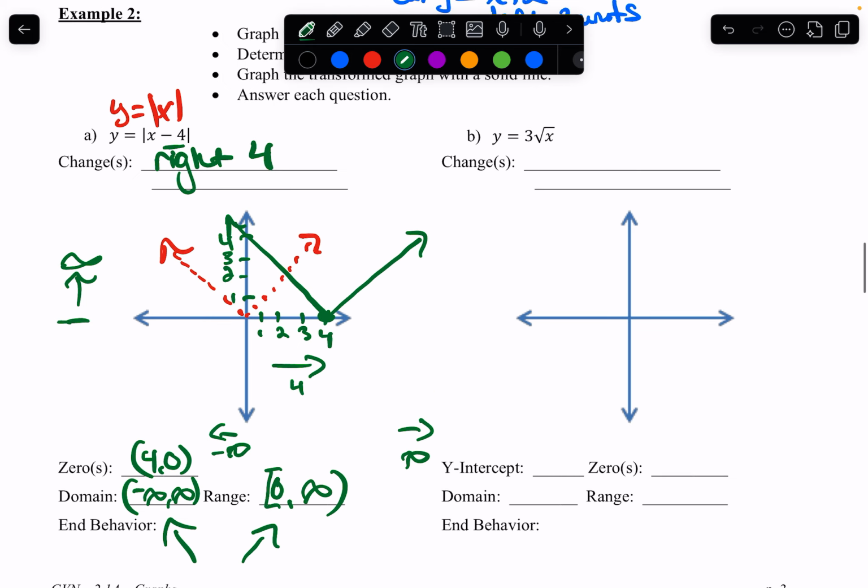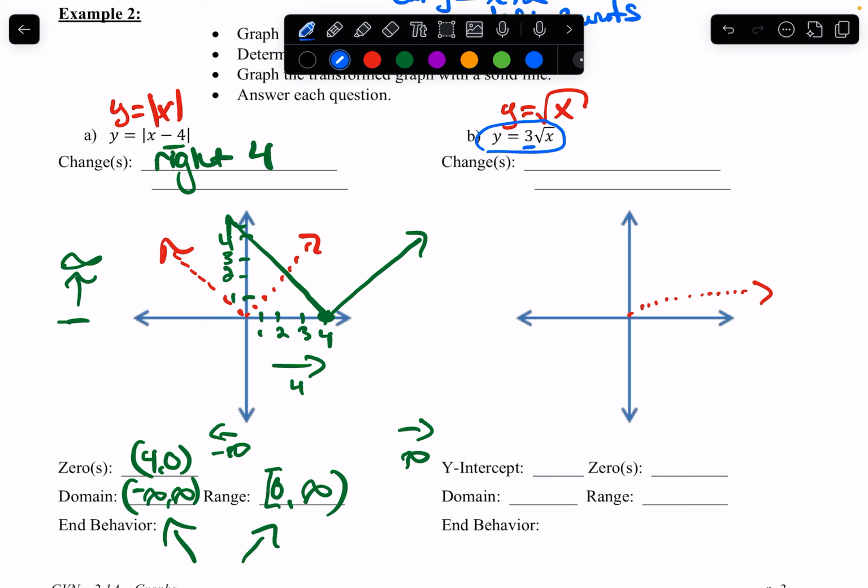Next one, we have a square root. So our parent function is a square root function, and that one, okay, I pressed something wrong. Sorry. Here, the parent function looks like this. Now, for our transform function, we have a 3 in front of that square root of x.